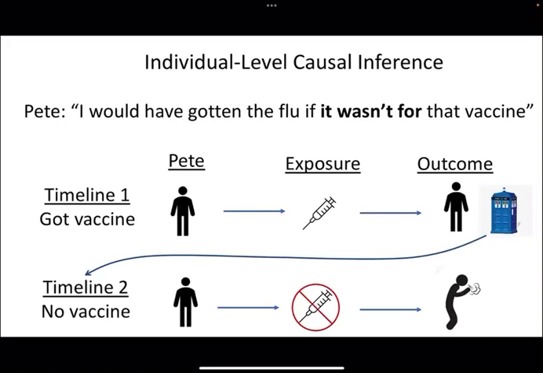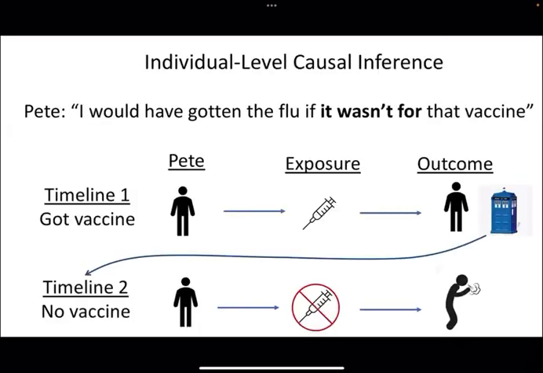Timeline 1 and timeline 2 are identical, except for the fact that Pete got the vaccine in timeline 1 and didn't in timeline 2. So we can attribute any difference in the flu to that change in exposure. So this would be 100% individual level causal inference, that this individual, Pete, didn't get the flu because he got the vaccine.